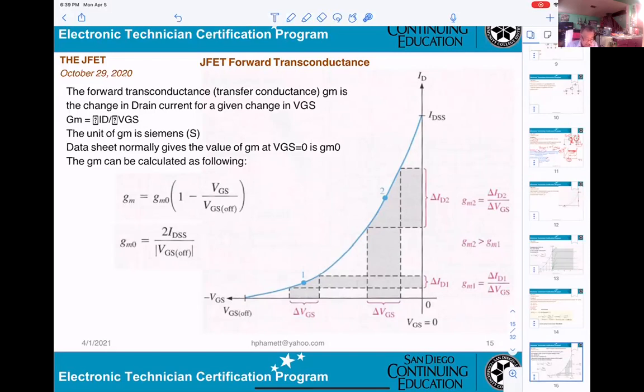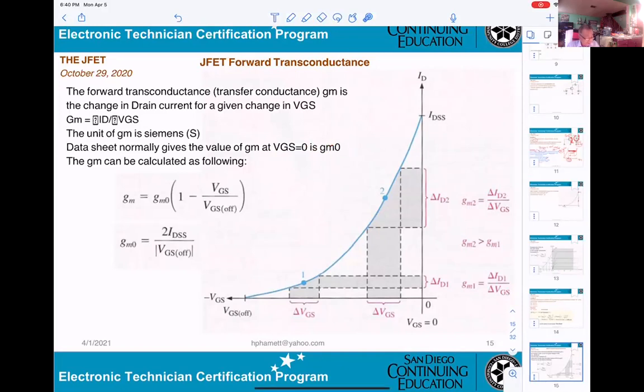However, in order to calculate the GM, GM equals GM0 times 1 minus VGS divided by VGS off. Normally they give you a value of GM at VGS equal to 0, and that's what they call GM0.